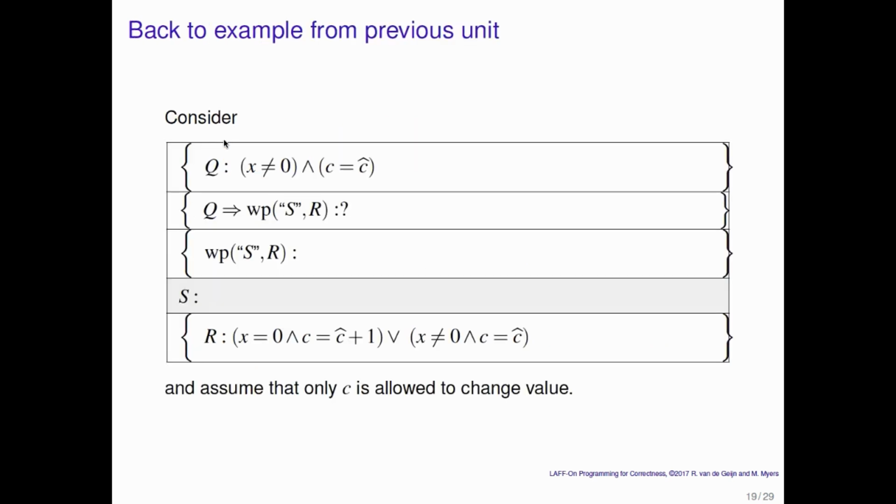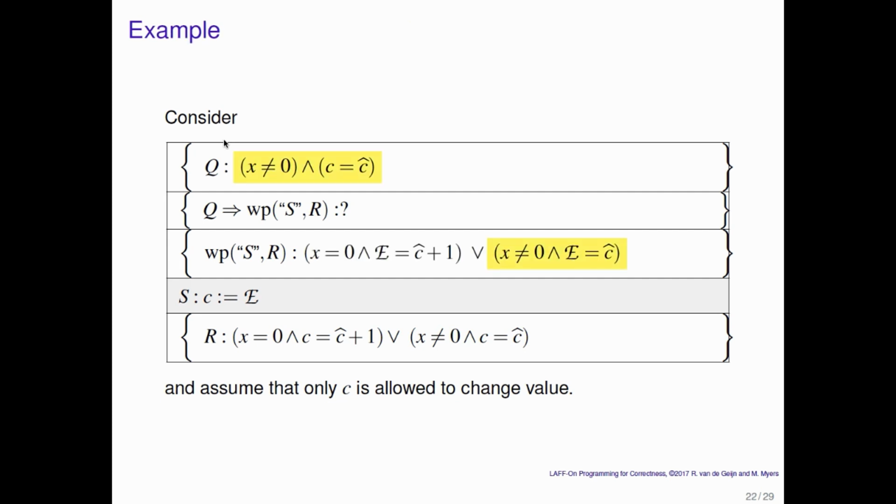Now, what if we go back to the example from the previous unit? What if we didn't recognize that we could just use the skip command? Well, we could simply say, we still know that c is the only variable that can now change value. We can therefore set it equal to some expression. We can propagate it along into the weakest precondition. We can recognize here that the precondition is more likely to imply the right part of the weakest precondition rather than the left part.